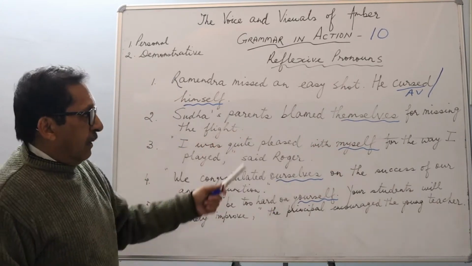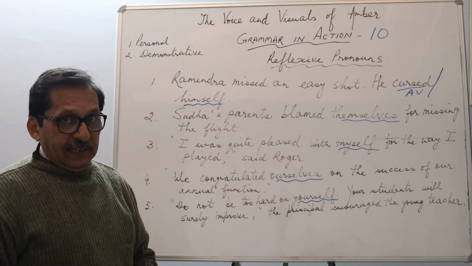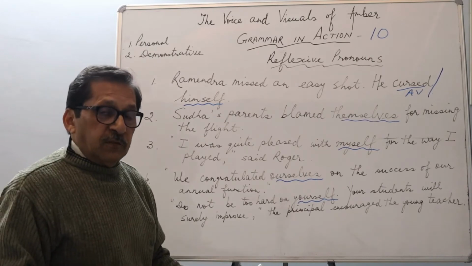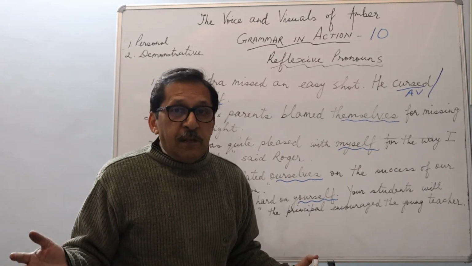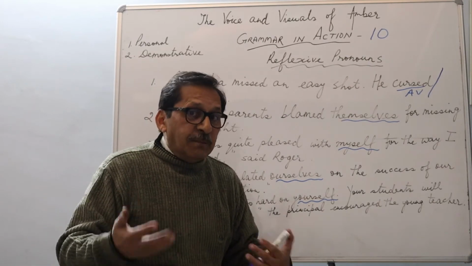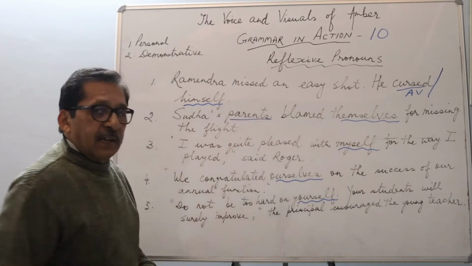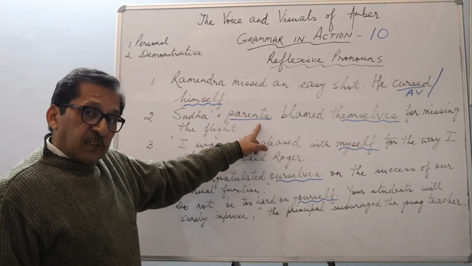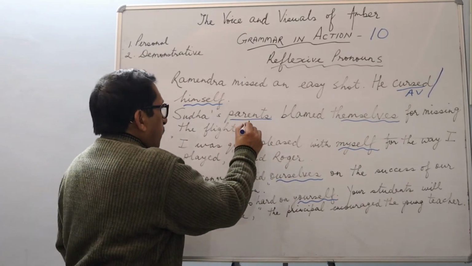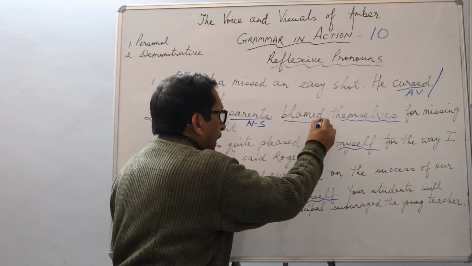Sudha's parents blamed themselves for missing the flight. So the parents of Sudha missed the flight, and whom did they blame? They blamed themselves. So you have parents over here, the noun acting as the subject of the sentence, and the verb is blamed.